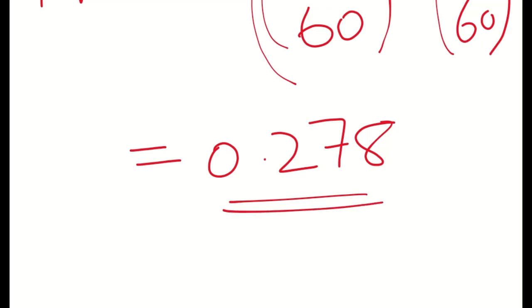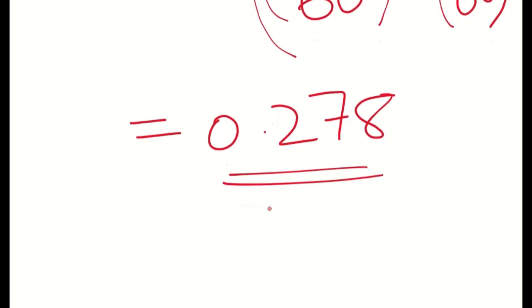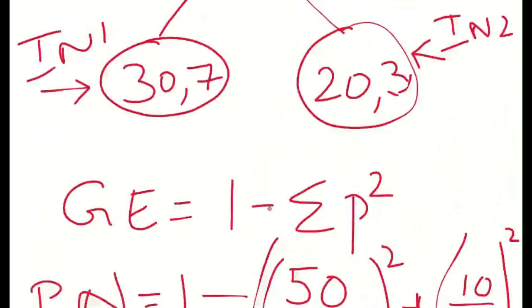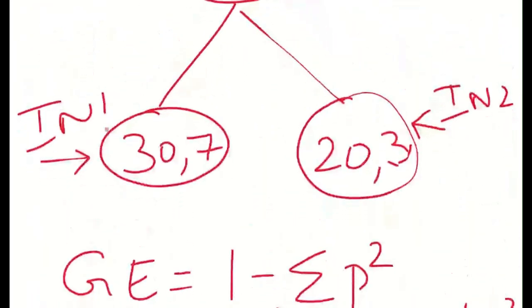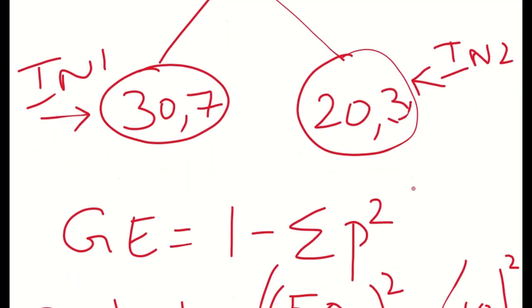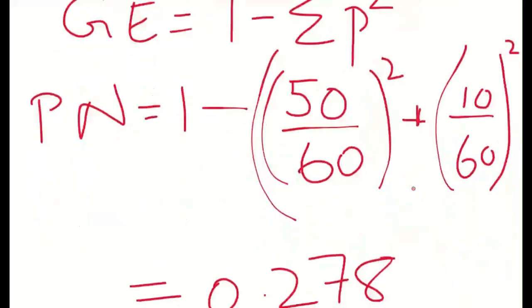Now let's see what is the Gini index of intermediate node 1 and node 2. Just to reiterate, intermediate node 1 is having 30 data points belonging to class 1 and 7 data points belonging to class 2. Similarly, for intermediate node 2, 20 data points in class 1 and 3 data points in class 2.